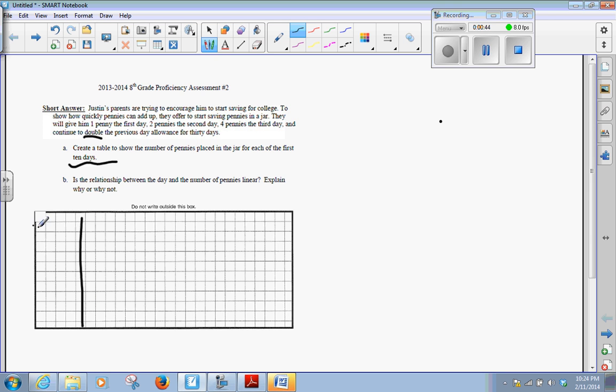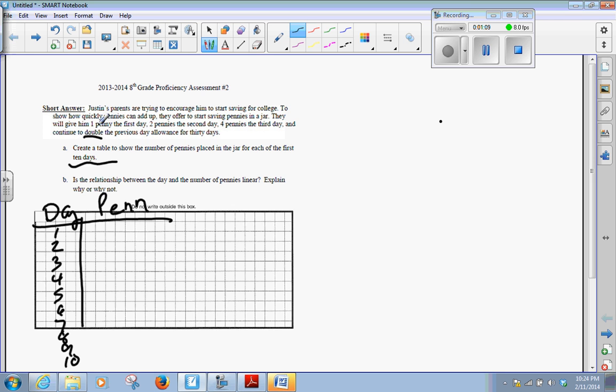So I'm going to make my table here. This is days. This is number of pennies. So I know that there's 1, 2, 3, 4, 5, 6, 7, 8, 9, and 10 days that we're talking about here. So that's going to be the first column.